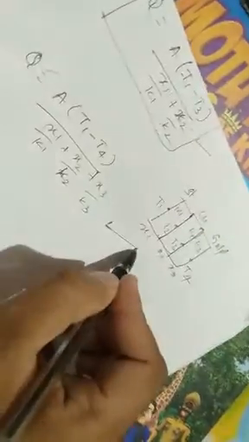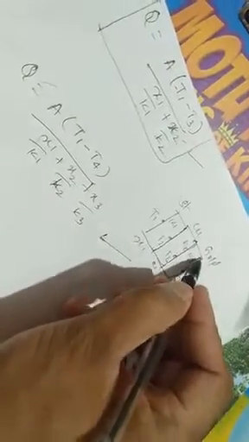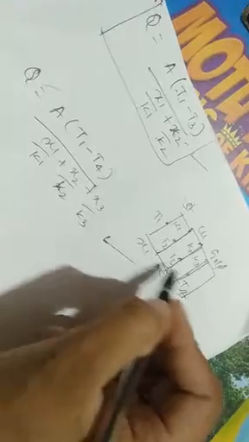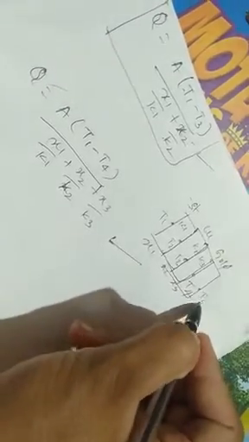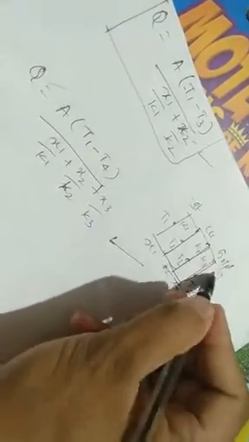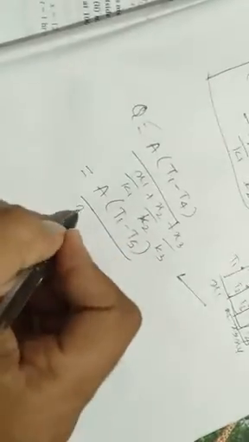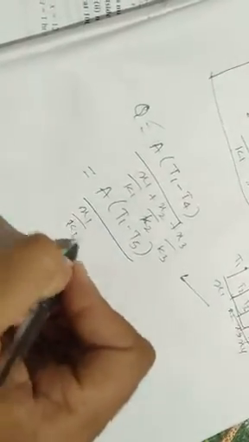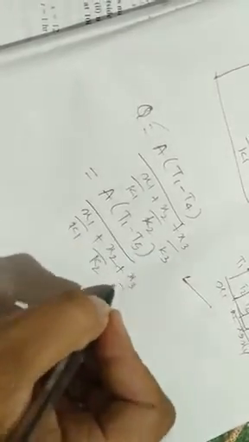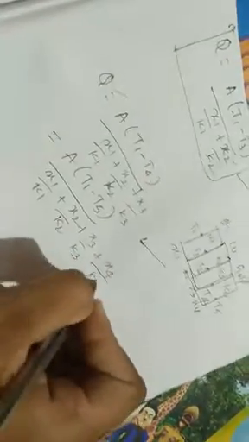Is it right? Suppose I want to add another material, with T4 and T5, X4 and K4. The expression becomes A into first minus last, T1 minus T5, divided by X1 divided by K1 plus X2 divided by K2 plus X3 divided by K3 plus X4 divided by K4.